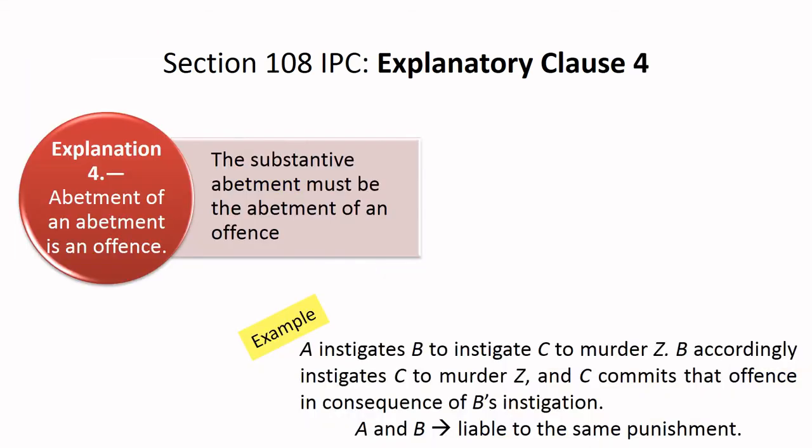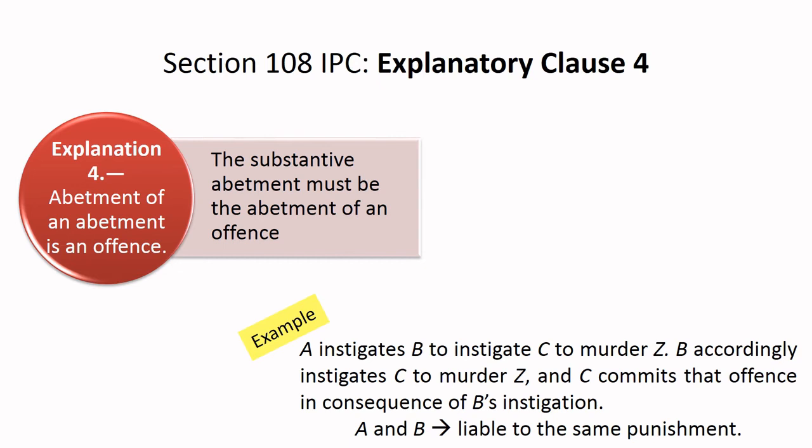The fourth explanation says, abetment of an abetment is an offence. This is a case wherein there is more than one abetment involved. Here, if the principal abetment is an offence, then all the subsequent abetments will also be an offence. Let us consider this example.